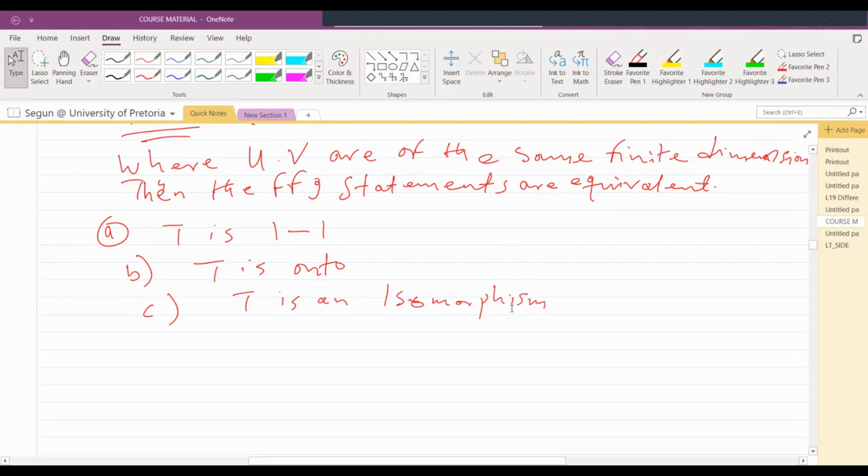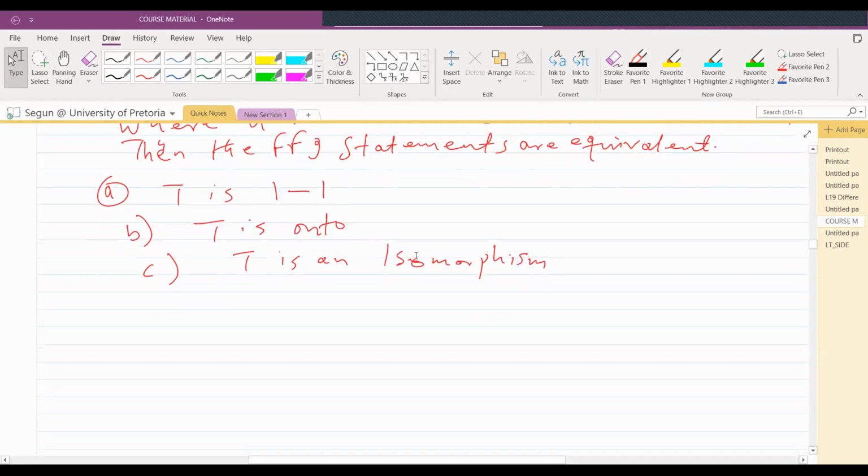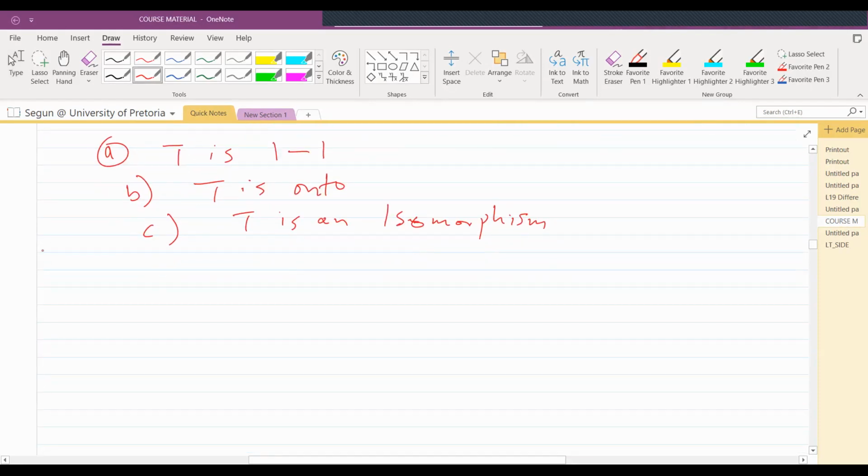So for us to prove this, because we'll be referring to this particular theorem in due course, let's look at the proof.